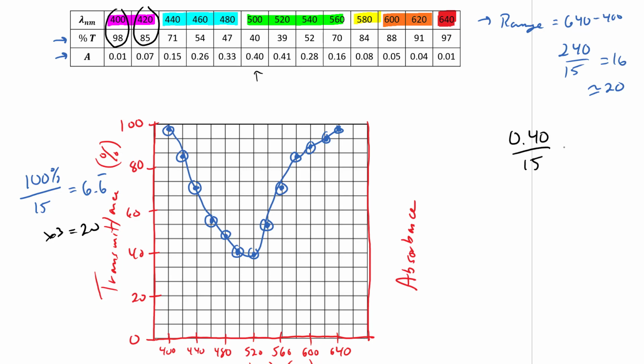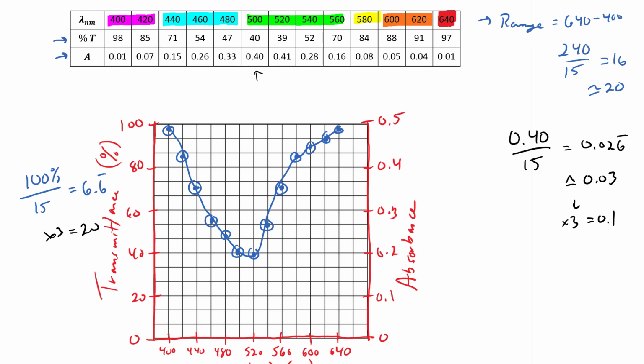There are 15 boxes. This gives me 0.02666 repeating. We will round that up. So every square will be worth about 0.03. If I multiply that by 3, I get 0.1. So every 3 boxes will be worth 0.1. 0, 1, 2, 3, 0.1, 1, 2, 3, 0.2, 1, 2, 3, 0.3, 1, 2, 3, 0.4, 1, 2, 3, 0.5.